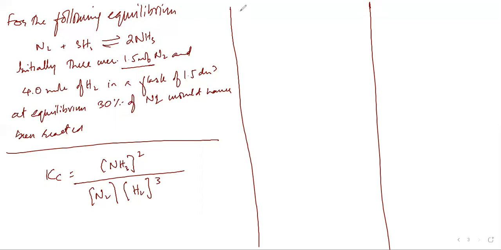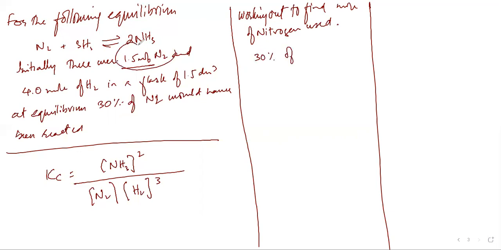First of all, working out to find moles of nitrogen used. Examiner said 30% of it. So what is the 30% of the total mole of nitrogen? 1.5. So how much is this?